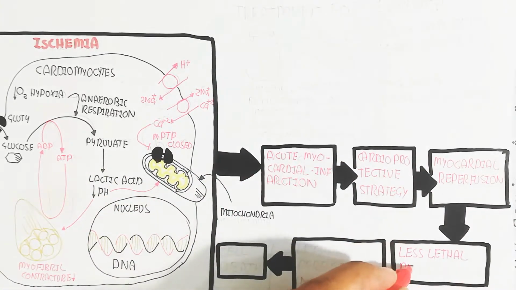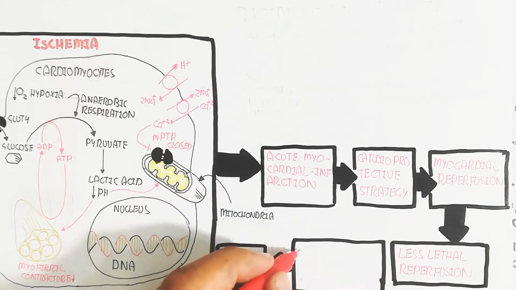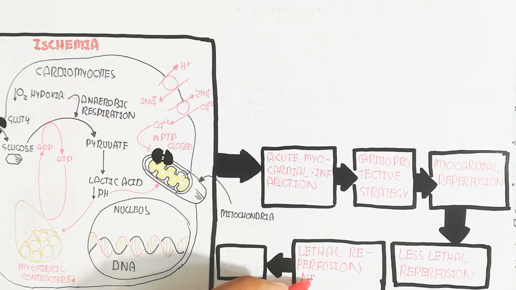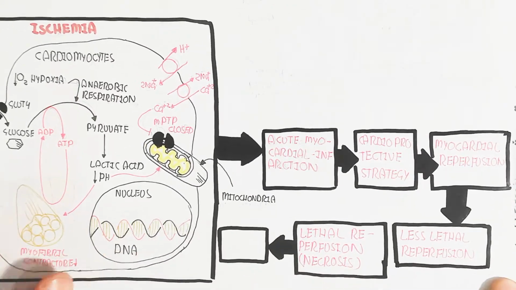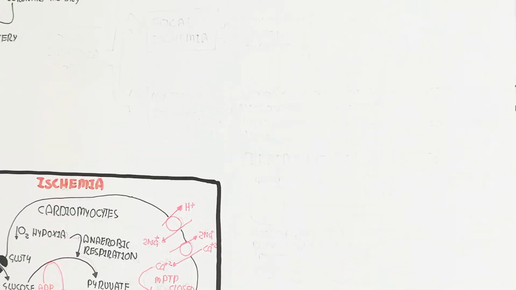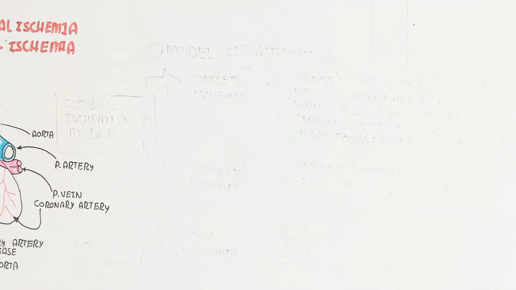So in this way, acute myocardial infarction will lead to a cardioprotective strategy, and myocardial reperfusion will lead to less lethal reperfusion. And in this way, lethal reperfusion leads to necrosis and cell death.